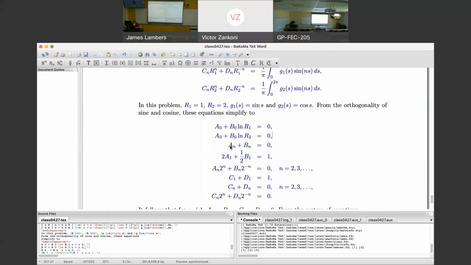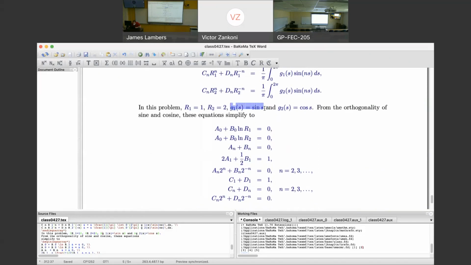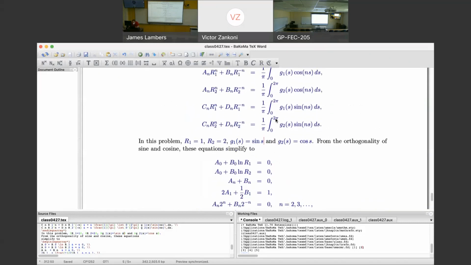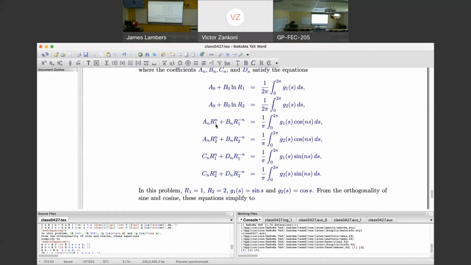Actually, there's nothing incorrect here, but maybe it should be organized a little differently. So first of all, for g_1, the inner boundary, we have sine, yes. But the A_n and B_n concern the cosine transform.